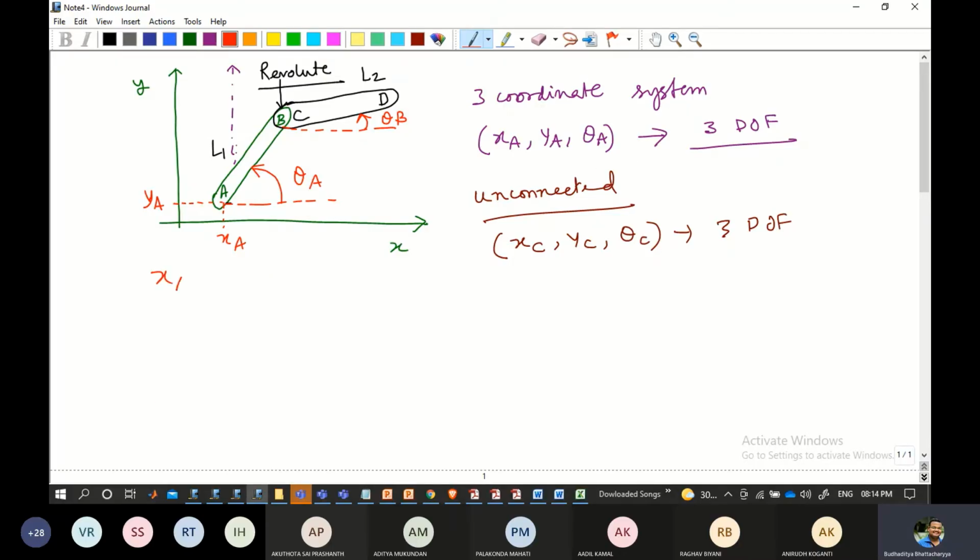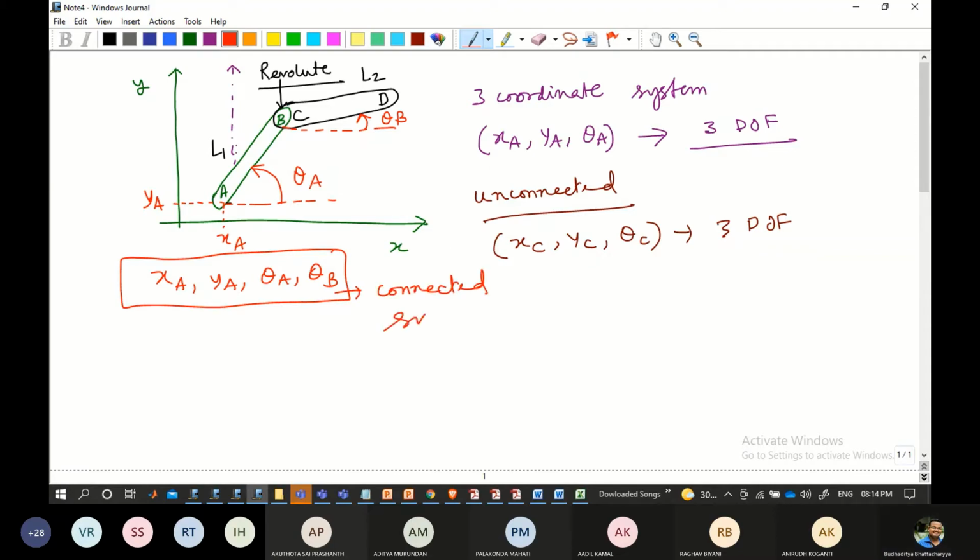We only need XA, YA, theta A and theta B, because they are a connected system.